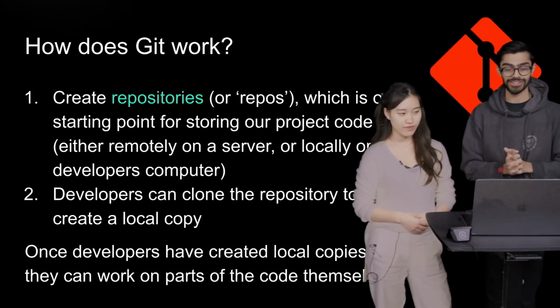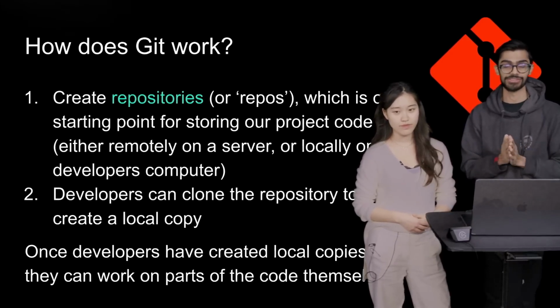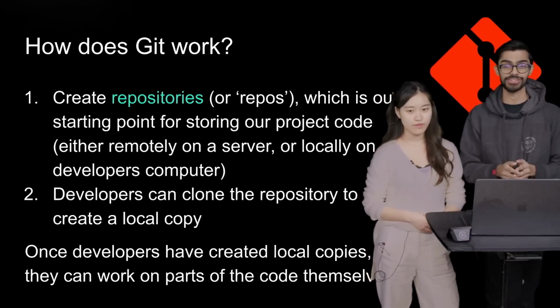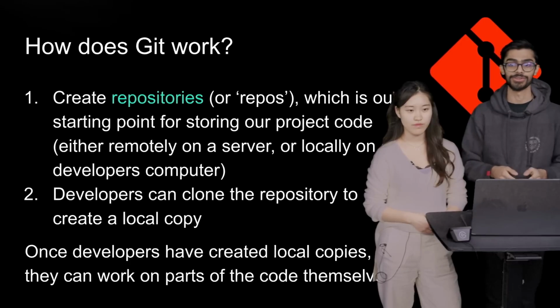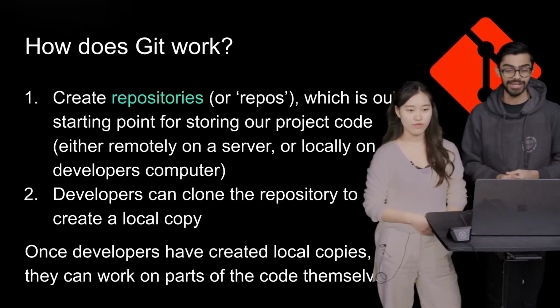So how does Git work? The first step in using Git is to create a repository, often referred to as a repo, which is your starting point for storing your project code. Oftentimes you can create it empty and then add some code into it.